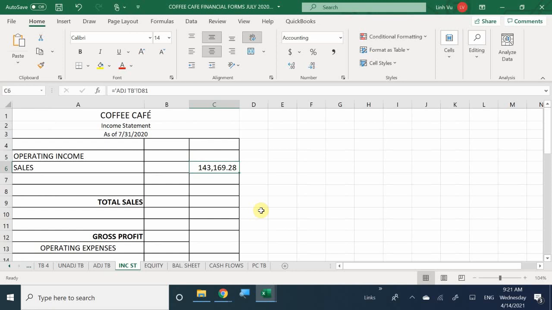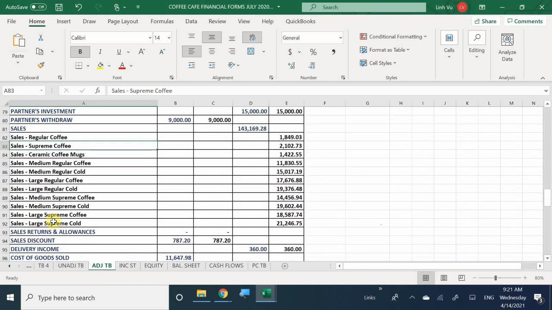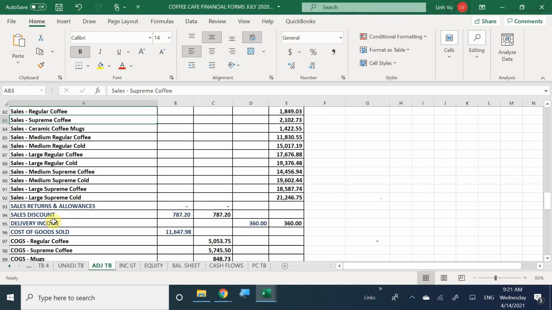Okay. So if I have sales, do I have any contra accounts to sales? Returns and allowances. No, no balance there.